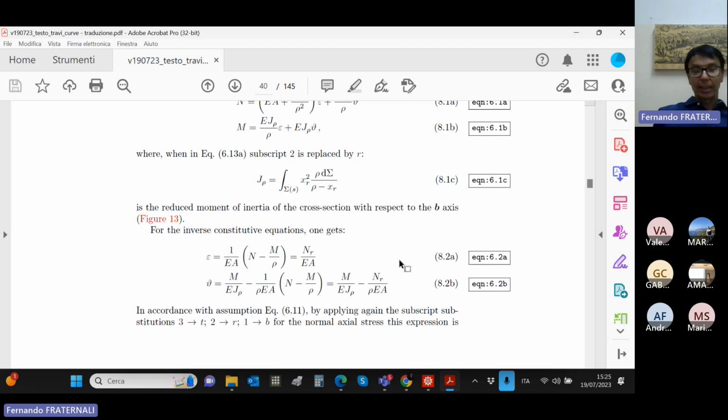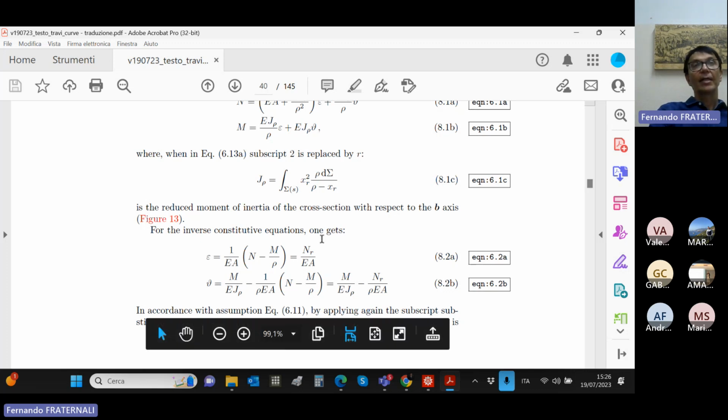The analysis of today, made this morning, carried out by Professor Cazzani, assumed constitutive equations where rho is let go to infinity, so that one doesn't have here has only n, and in this other equation has only this term.